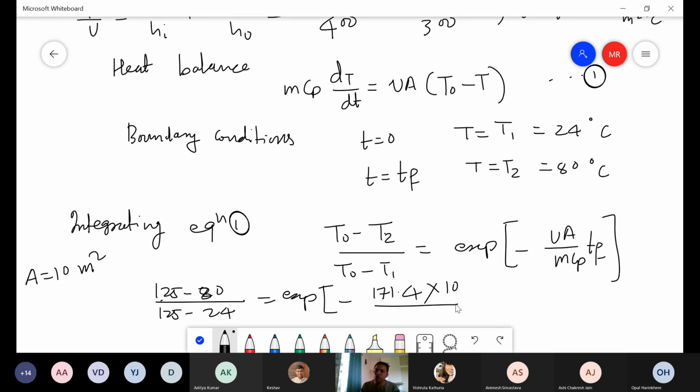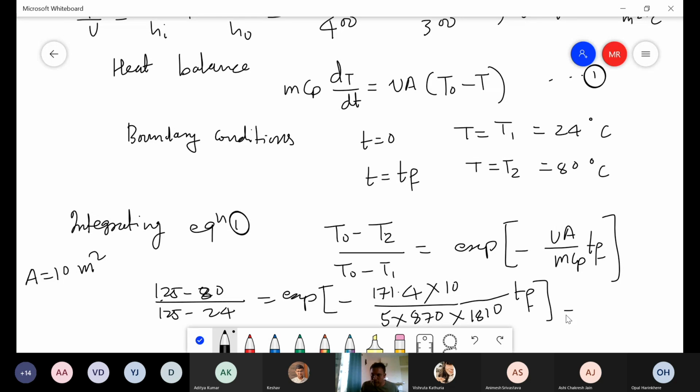Mass of the monomer you can calculate, because the volume of the monomer is given. The volume of the monomer multiplied by the density will give you the mass. So here 5 meter cube is the volume given, and the density is 870. That is the monomer density, multiplied by Cp, which here is 1810, into tf.